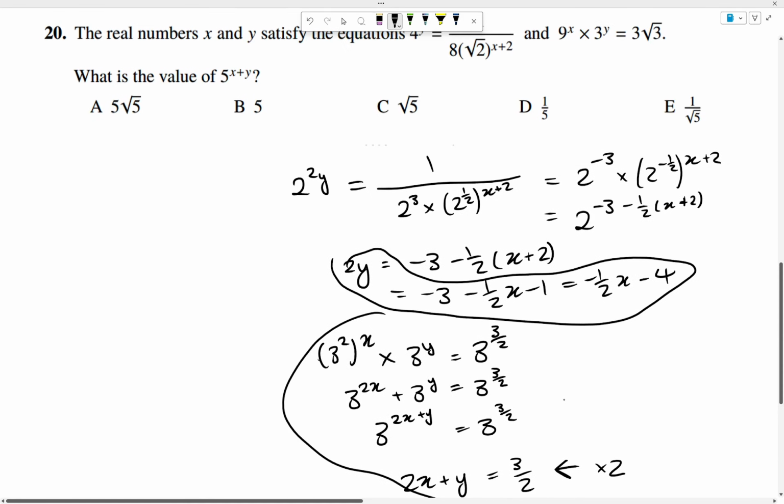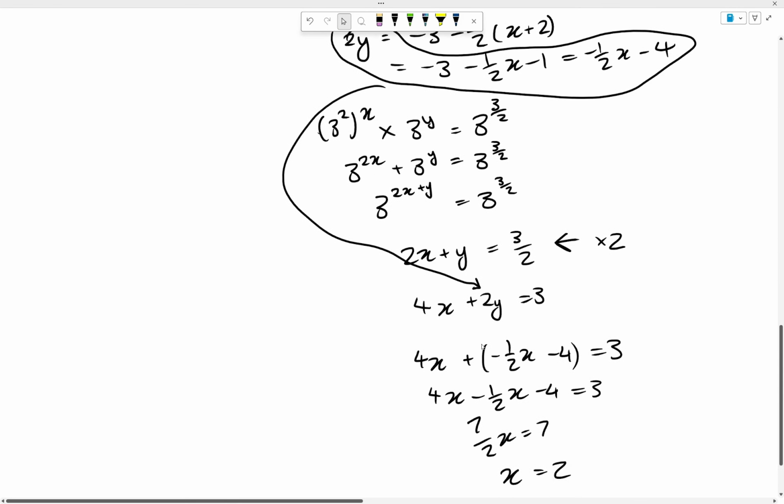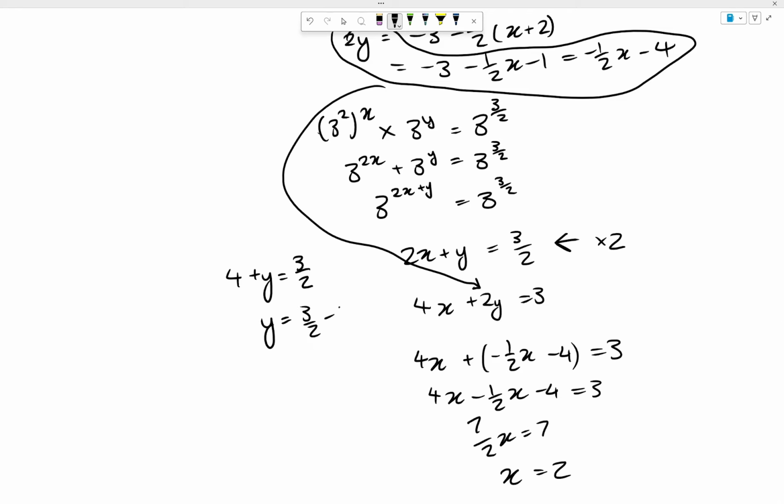I'm just going to substitute this back in to find y, and we have that 4 plus y is 3 over 2. So y is 3 over 2 minus 4, which is minus 5 over 2.